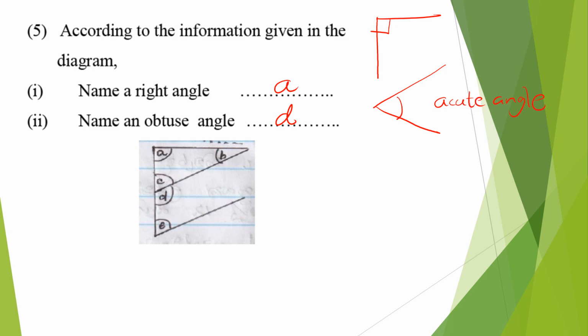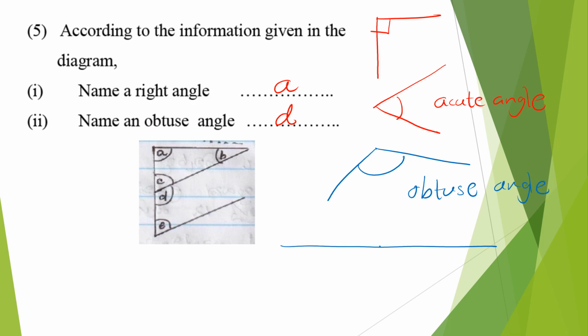And if there's something that is more than a right angle, that is greater than a right angle, that is called an obtuse angle, right? And also, if there are two right angles, that means this is a straight angle.